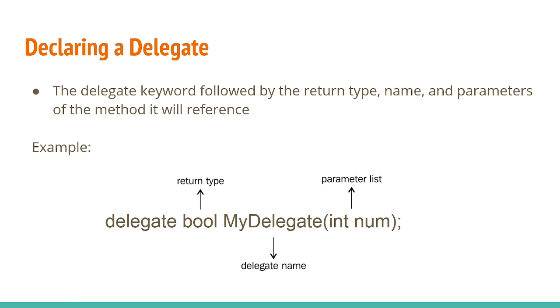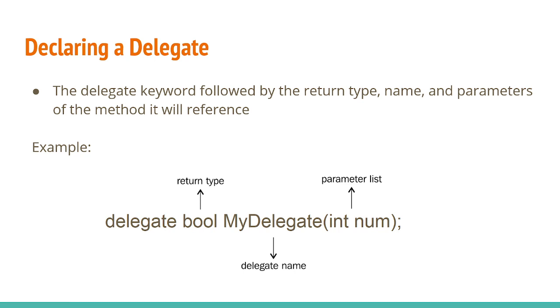Declaring a delegate. To declare a delegate, you use the delegate keyword followed by a return type, then the name of the delegate and the parameter list. So this is the syntax of declaring a delegate.